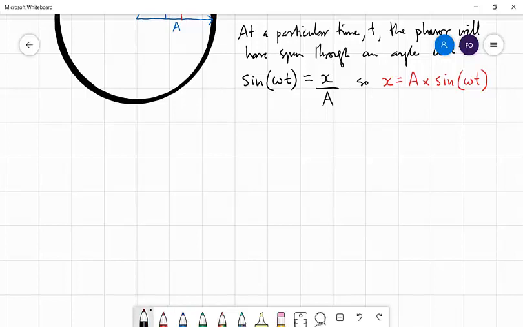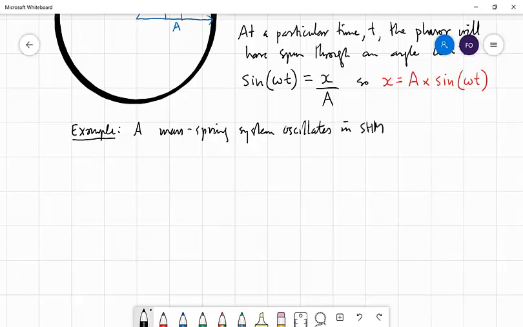So, example. A mass spring system oscillates in simple harmonic motion with amplitude of, let's say, 0.50 meters and period T equals 2.0 seconds.